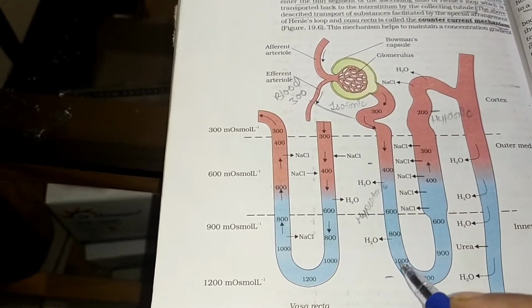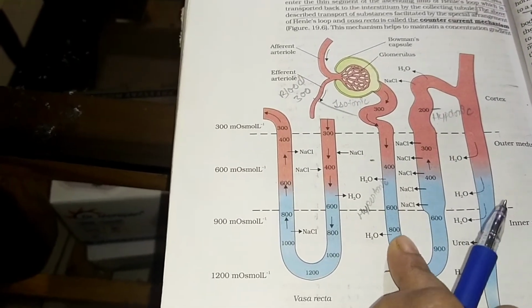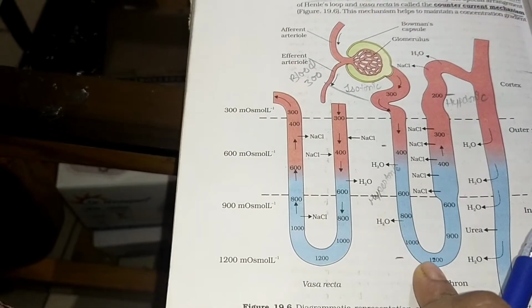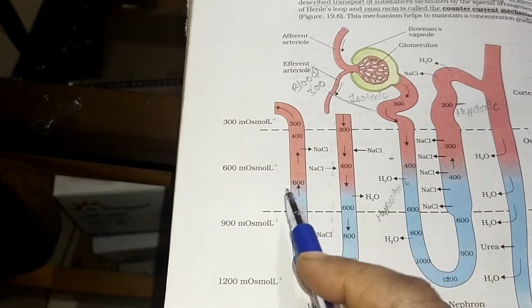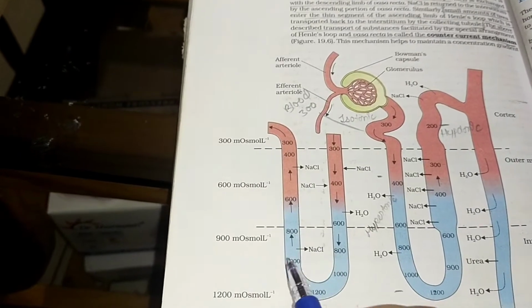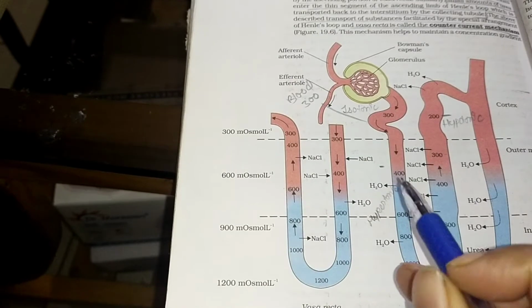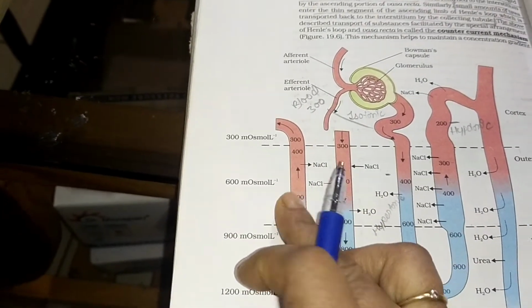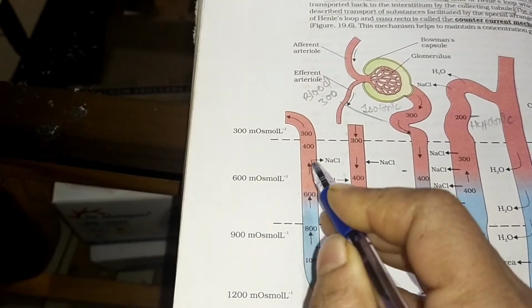The H2O released by the descending limb of the Henle's loop is accepted by the capillaries, meaning the vasa recta. So NaCl is coming out here and absorbed here, and the NaCl absorbed here is again coming out from the ascending limb of vasa recta.